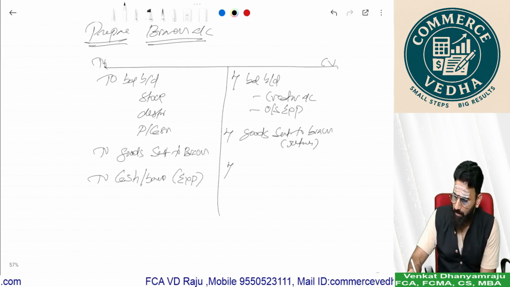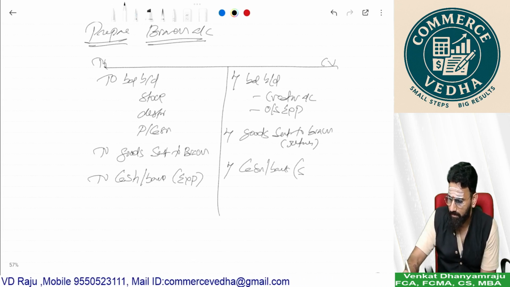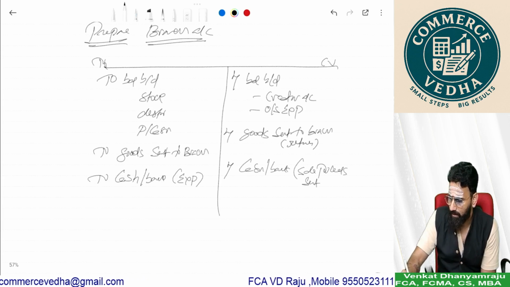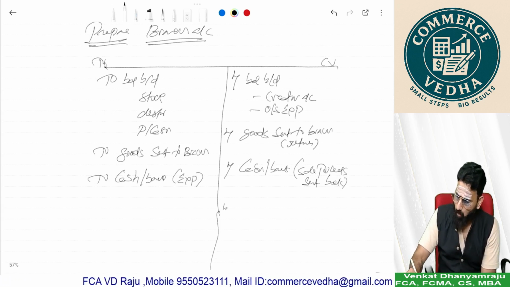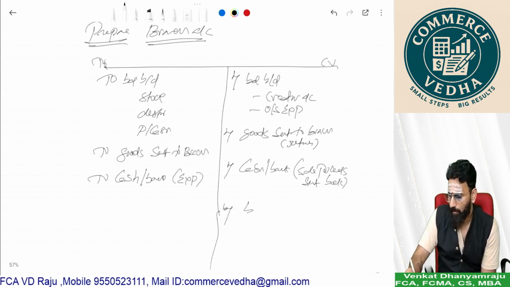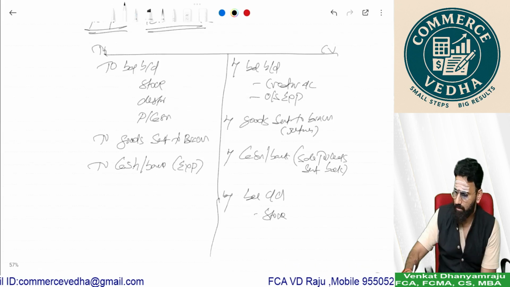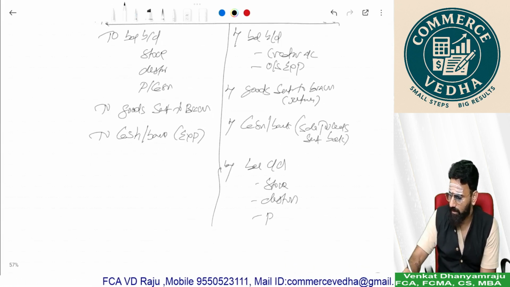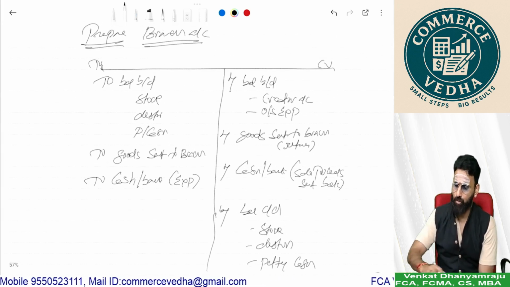And by cash or bank. This is for sale proceeds sent back. And you have by balance carried down. It is stock, debtors and petty cash.